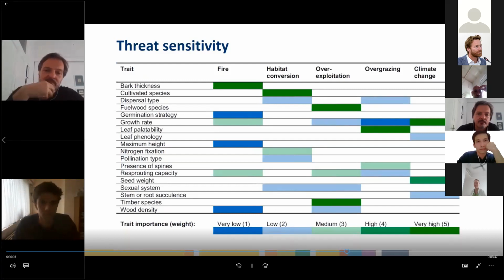So for example, for fire, we gave the highest weight to the trait bark thickness, because based on literature, we found that several studies have found bark thickness to be the most decisive trait in determining species sensitivity to fire.